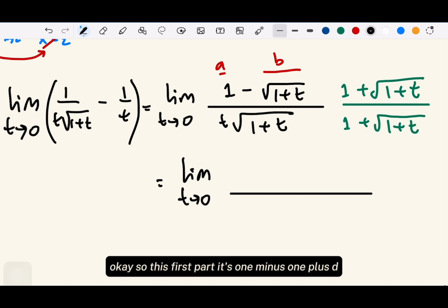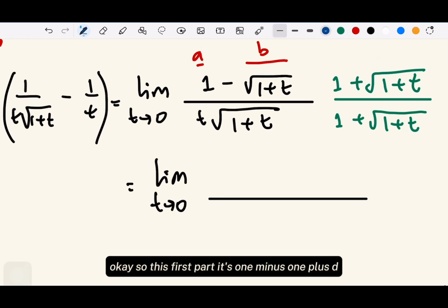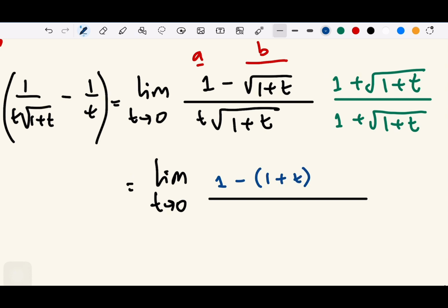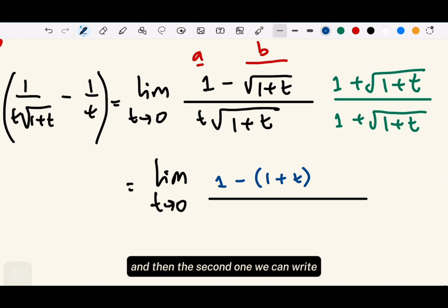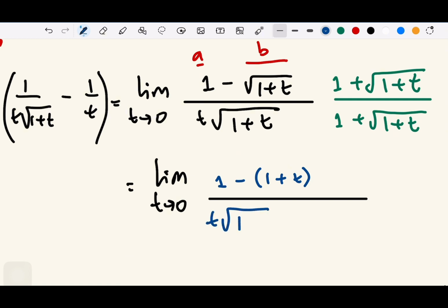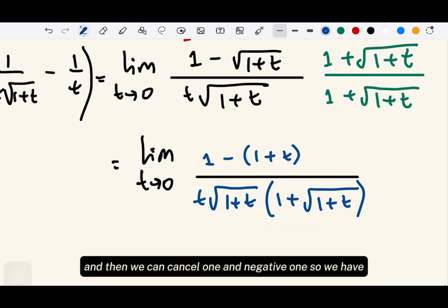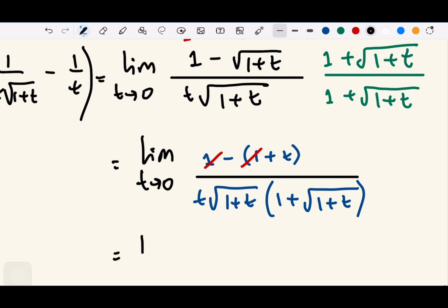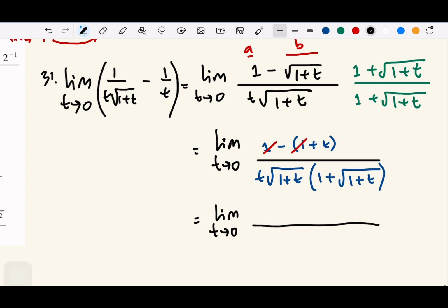Okay, so this first part, it's 1 minus 1 plus t. And then the second one, we can write. And then we can cancel 1 and it's negative 1, so we have t.